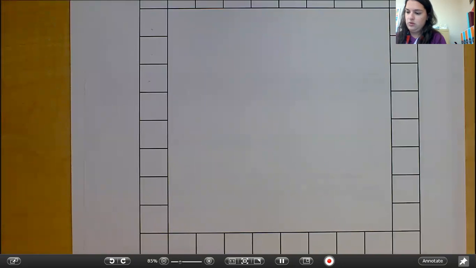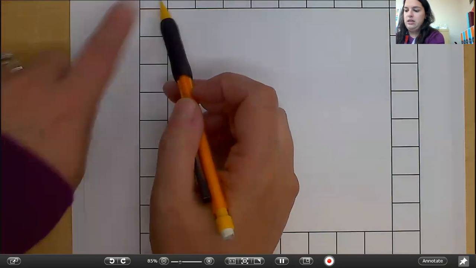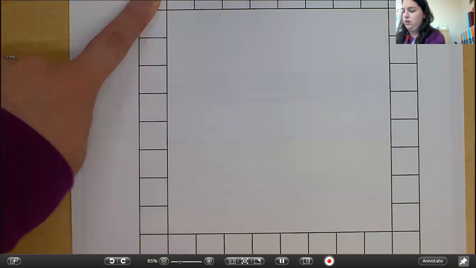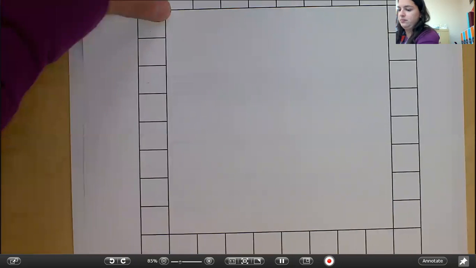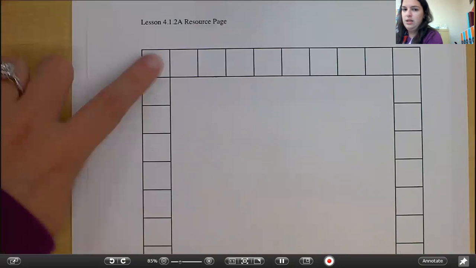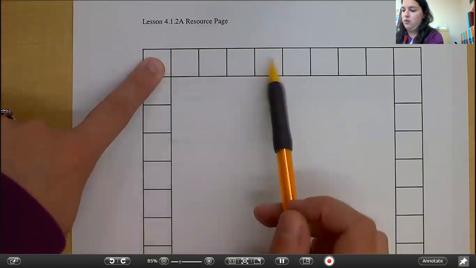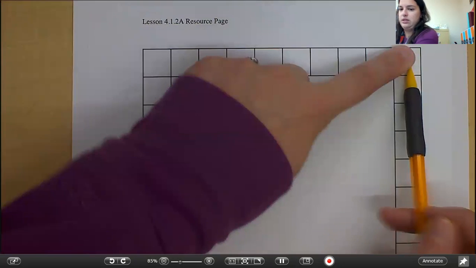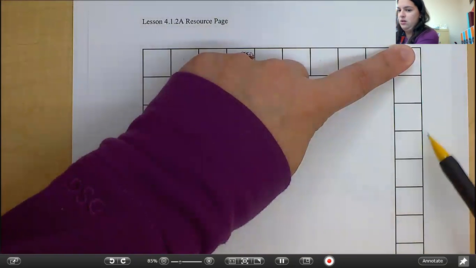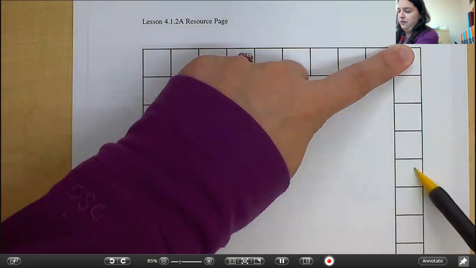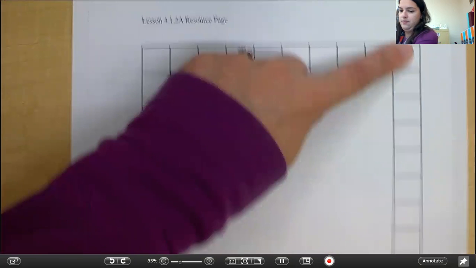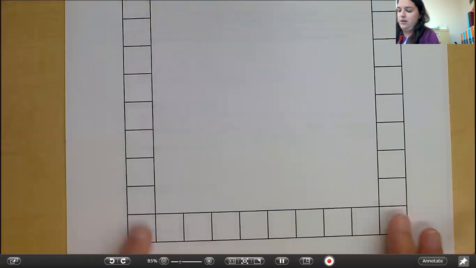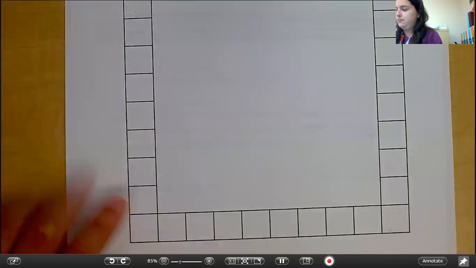So he added one side, which is 10. Then he did not count this guy in the corner. He counted 9. 1, 2, 3, 4, 5, 6, 7, 8, 9. Did not count this guy. Counted 9 down. And now we're not counting those on the corner, so there are 8 there.